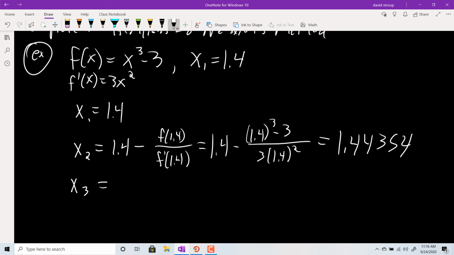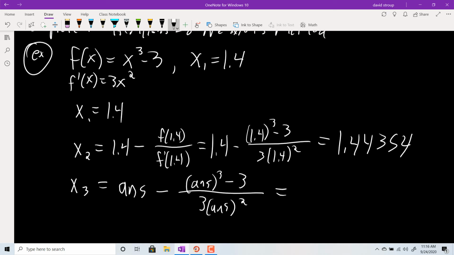In my next step, I literally type in answer minus answer cubed minus 3 all over 3 times answer squared. And the calculator will plop out that number. Turns out to be 1.44225. Okay, so I did it twice. I'm happy. Hopefully the book's happy about that.